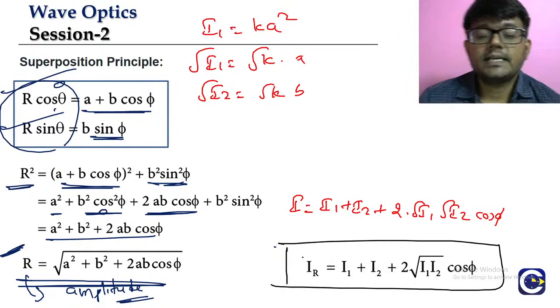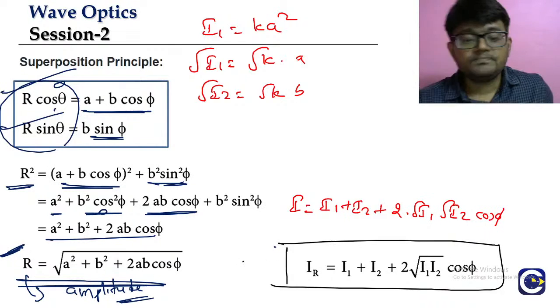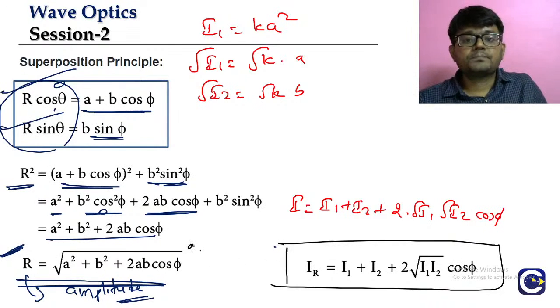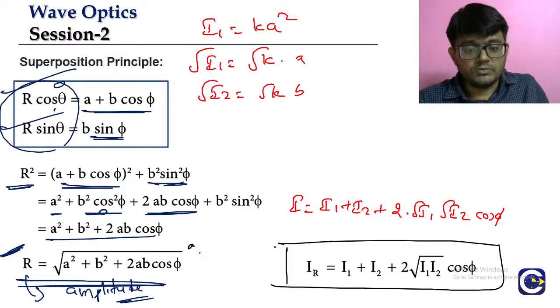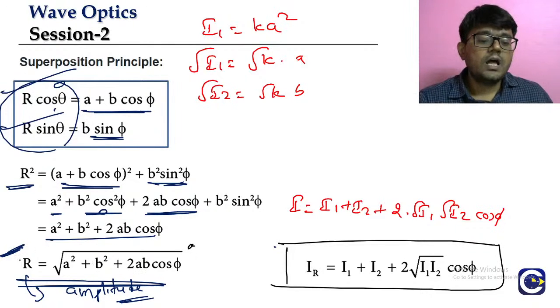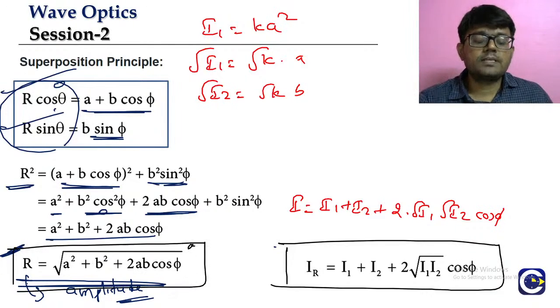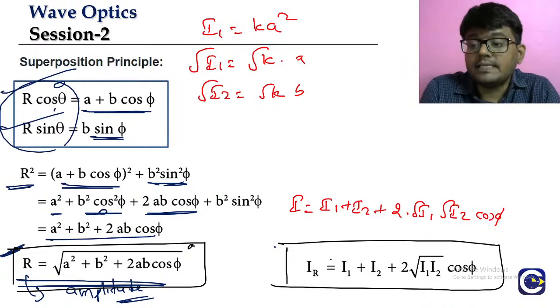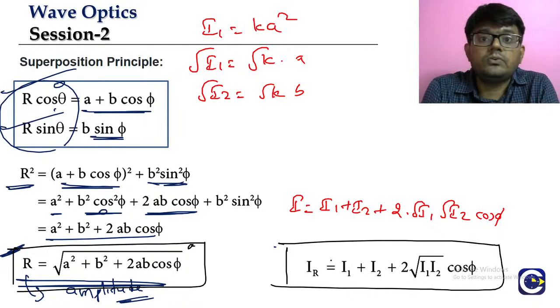The resultant wave intensity and resultant wave amplitude. So what is the amplitude function? R is equal to root of A square plus B square plus 2AB cos phi. This is like our general vector addition. What about the intensities? It will be different. I resultant is equal to I1 plus I2 plus 2 root I1 I2 cos phi.